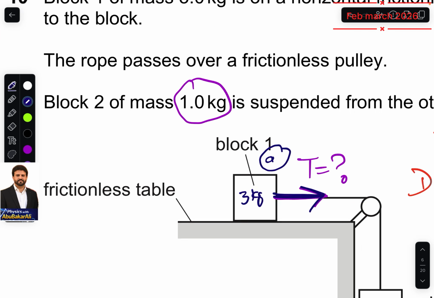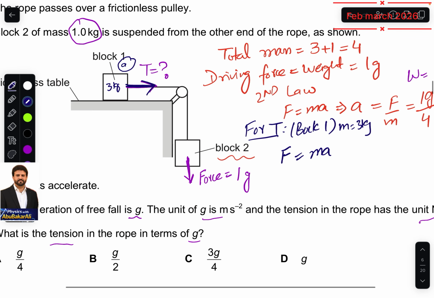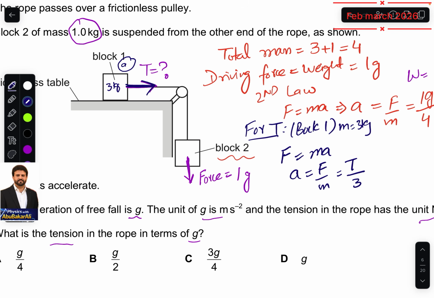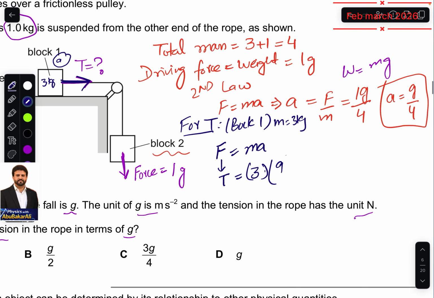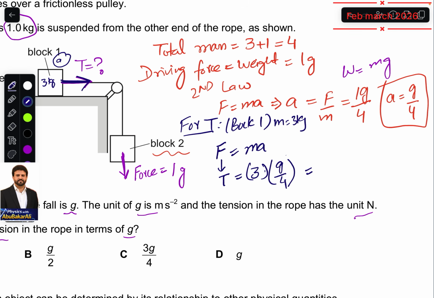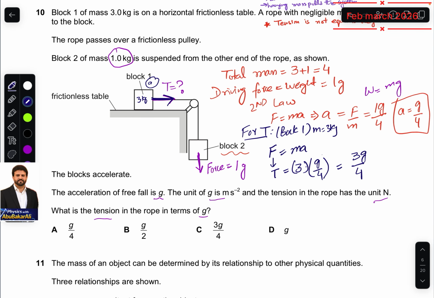So a is equal to F over m, where F is the tension T and m is 3, and a is g over 4. This gives you 3g over 4. Looking at the options, option C is correct.